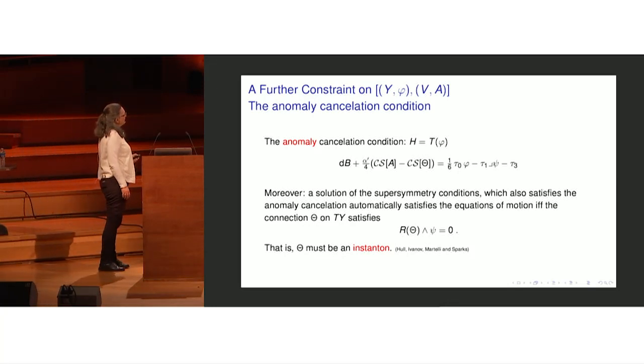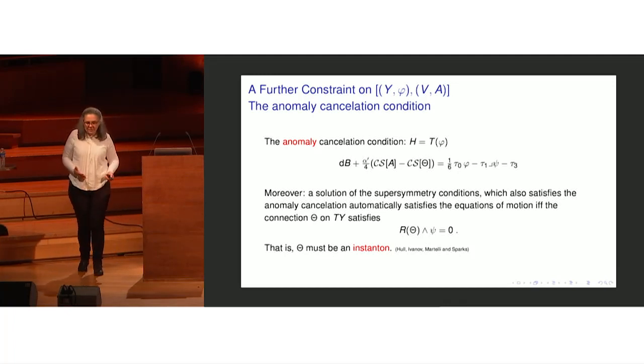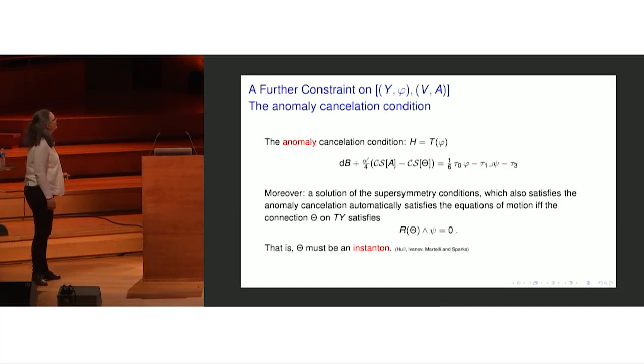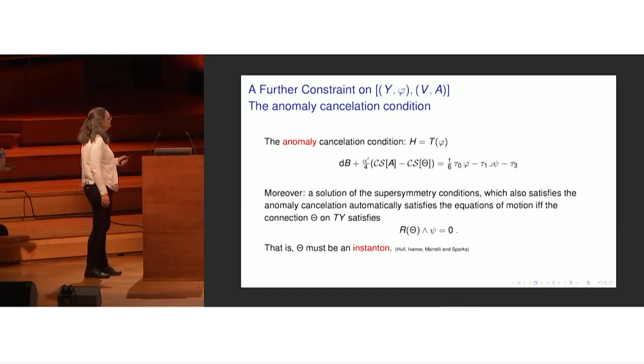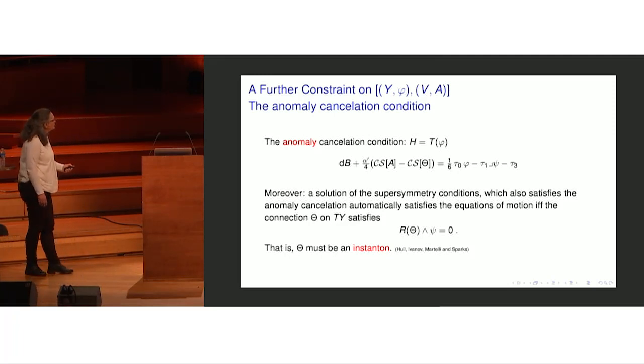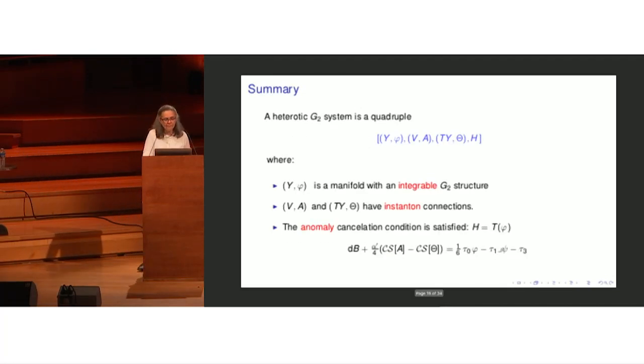And there is a further constraint. Not only do you want supersymmetric solutions, but you also want solutions of the equations of motion. So for that to happen, you need to satisfy all the previous conditions, but also this connection theta needs to be an instanton, meaning something analogous to what we had for the bundle before.